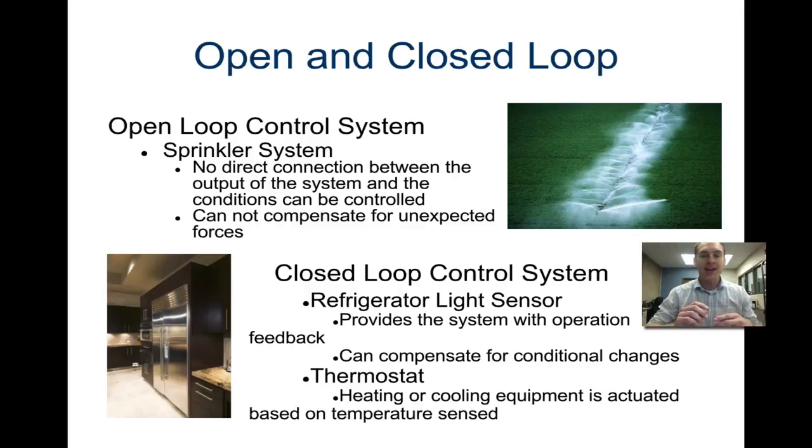So if there is a cut in the line somewhere, one of the sprinkler heads is not connected, let's say in your yard if you have a sprinkler system, or in the park, water is going to go shooting up like a geyser out of that thing, and the sprinkler system doesn't know because it doesn't have a sensor to tell it, hey, wait a minute, water's not coming out over here, but it's coming out here. That is called an open loop, when the computer does not know what's happening at the end.